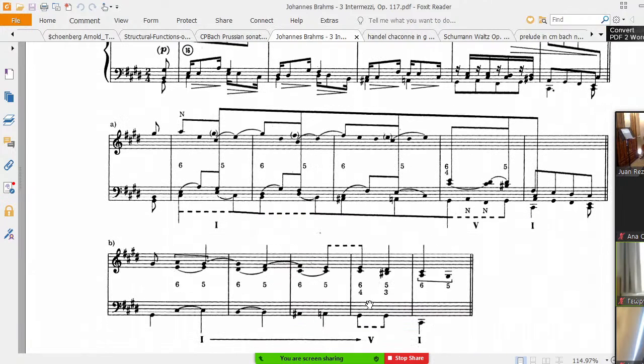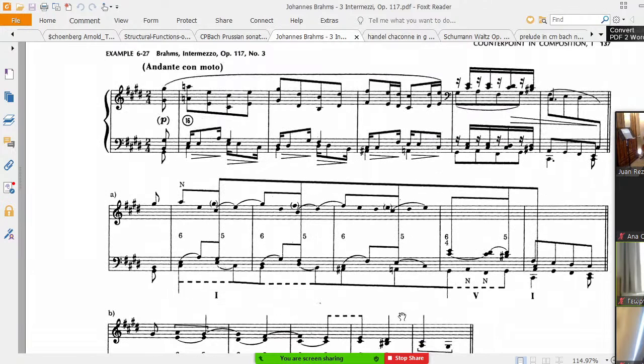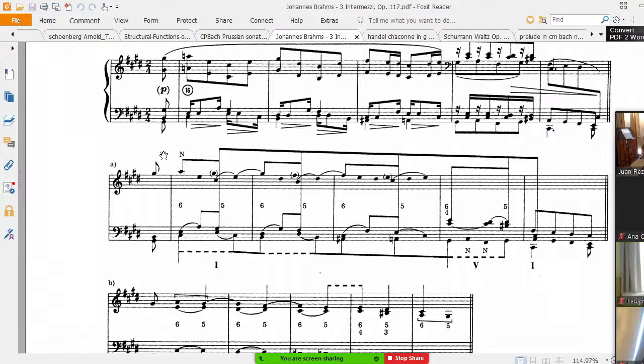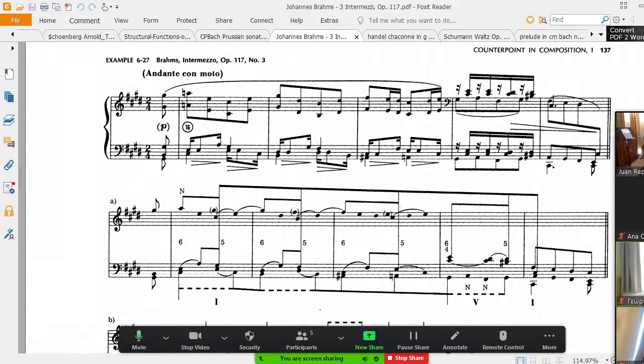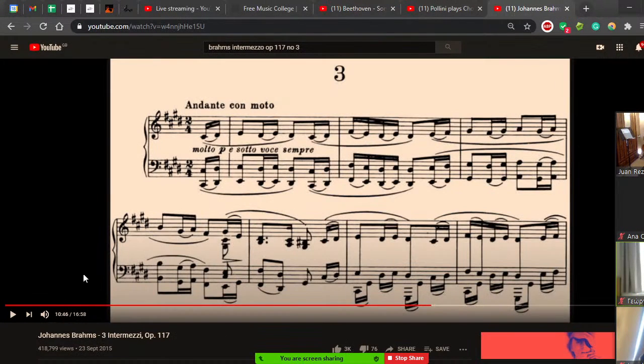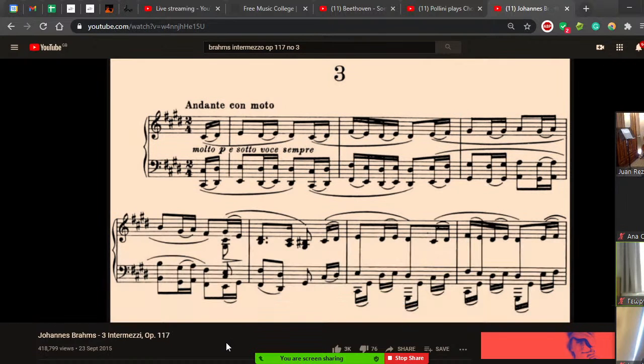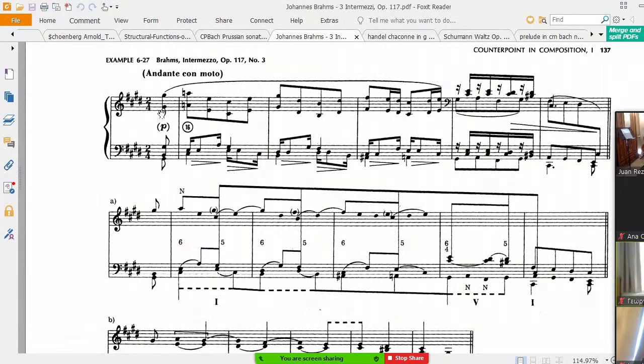Let me see. Another one. Same thing. And I'm picking examples that are really ornamental. Johannes Brahms, another amazing composer. Three Intermezzi, Opus 117. So, wait a little bit, sorry.